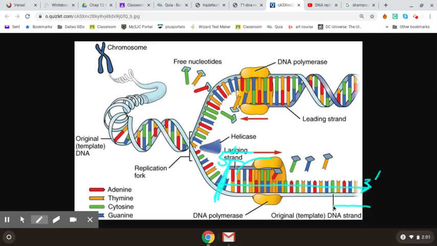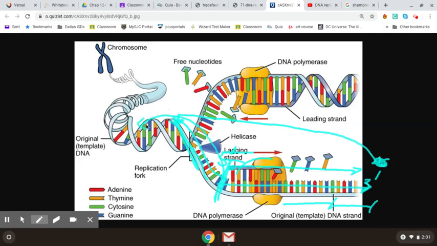It does a little bit, and then while that's happening, more is opening up. So while this polymerase reads these letters, even more DNA is opening up because of the helicase. And once it falls off over here, it can then go back to that newly open section and read more. And as it's doing that, even more is opening up. And then it can go and do that.